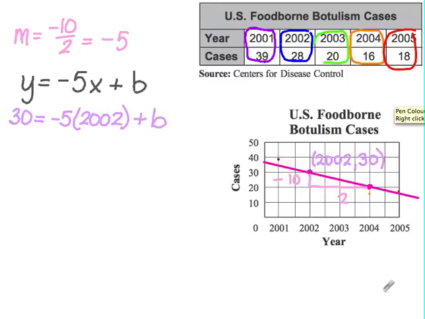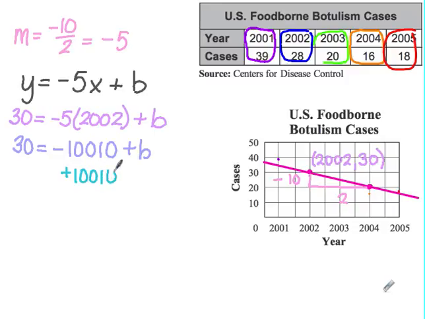So what is negative 5 times 2002? Negative 10,010. So what are you going to do to solve that? Add 10,010 to both sides. Good.